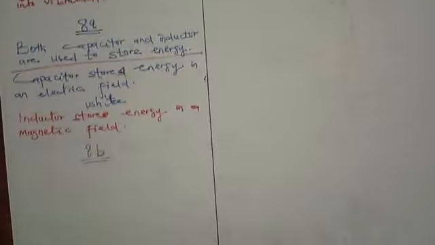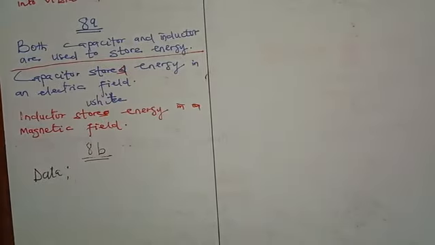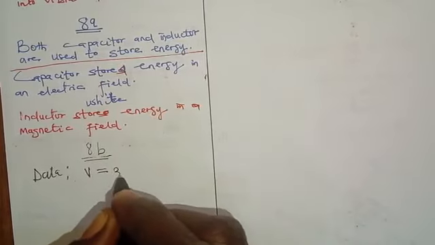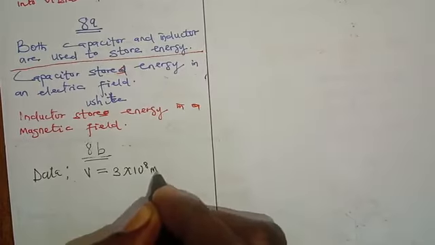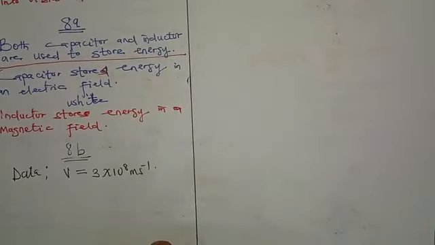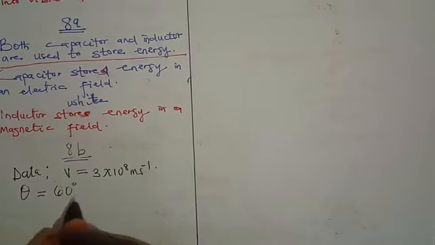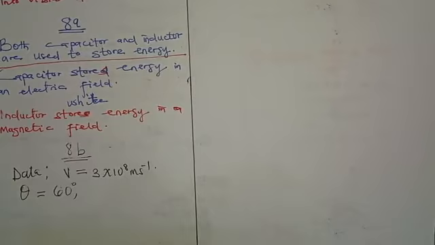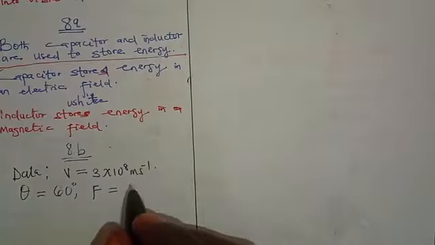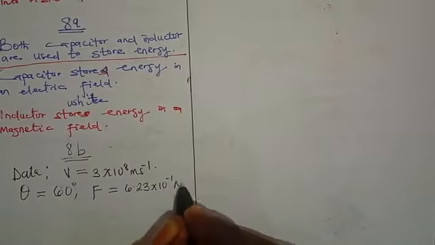So question 8b. Given that the velocity v is equal to 3 times 10 raised to the power 8 meter per second. Is that correct? Then we are given the angle to be equal to 60 degree, and we are given the force experienced F to be equal to 6.23 times 10 raised to the power minus 1 Newton.